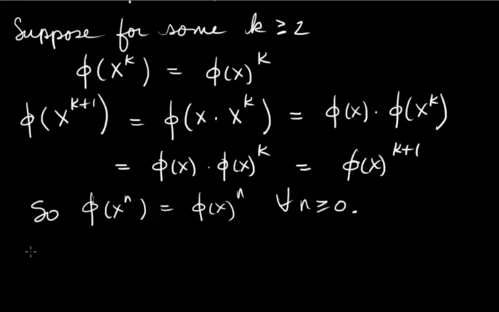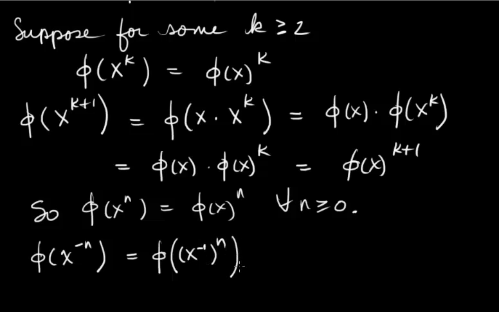So now look at phi of x to the minus n, assuming still that n is positive. Well, that's equal to phi of x inverse to the n. Now n is positive, so that is equal to phi of x inverse to the n by what we proved right here.